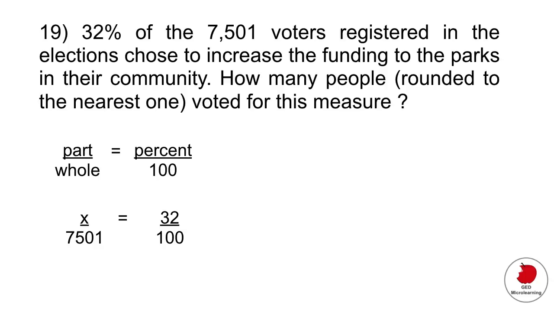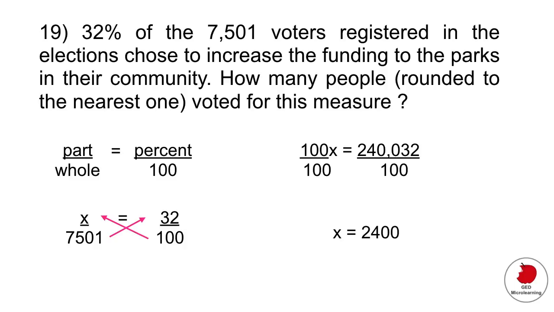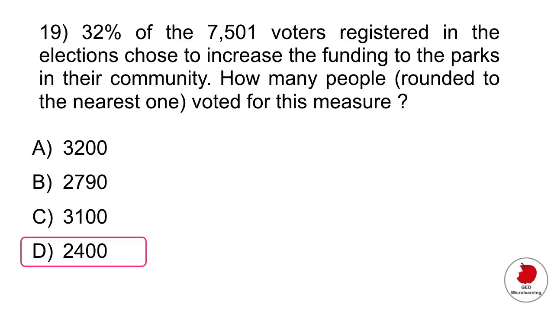You put the percentage there, 32, and then you multiply across like this. You should end up with this number. Then in order to solve for x, you're going to divide both sides by 100. And that gives you 2,400. Okay, and remember that our ballpark figure was 2,500. Okay, so pretty close by.